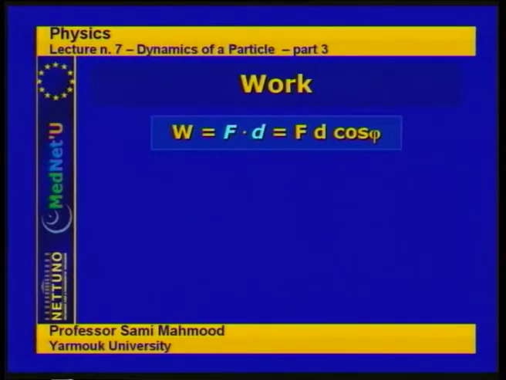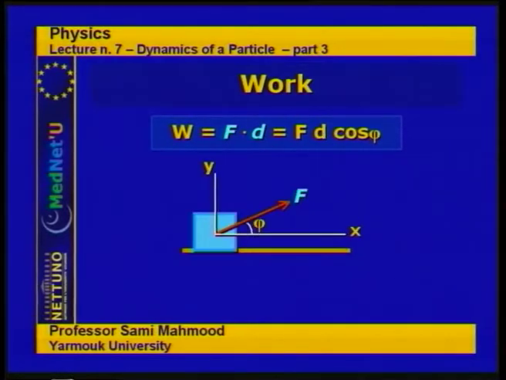F dot D is simply F magnitude times D, the displacement magnitude, times cosine phi, the angle between F and D. And this way, we have taken into consideration only the component of force that is in the direction of the displacement by taking F cosine phi.